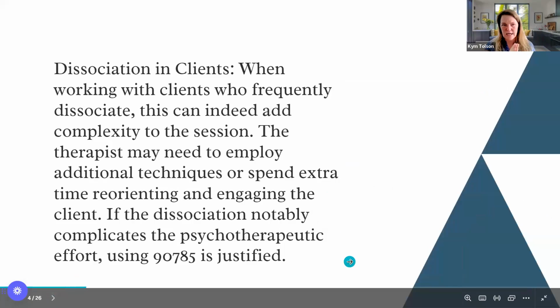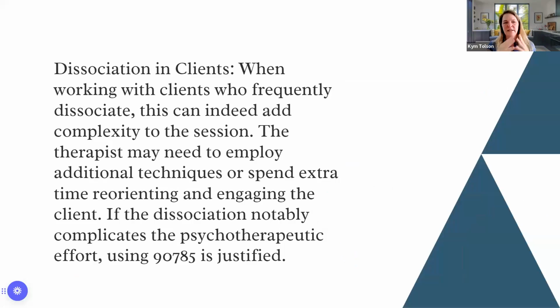Another situation she asked about: dissociation with clients. When working with clients who frequently dissociate in a session, this can indeed add complexity to the session. So the therapist may need to employ additional techniques or spend extra time reorienting or engaging the client to the session. So definitely if somebody's completely dissociated in a session, it's not your typical session. It's going to involve more interactive complexity. You might have to help them down on the floor.